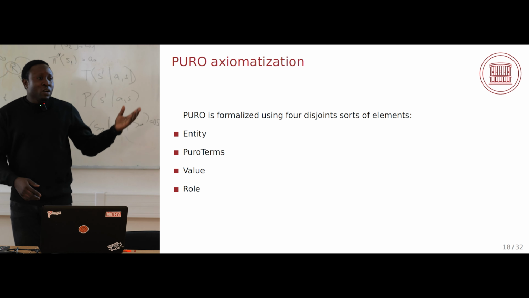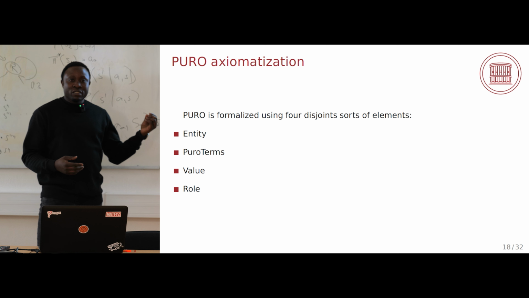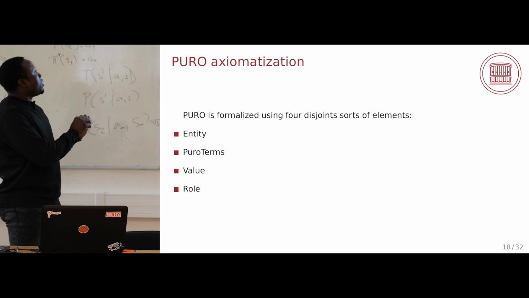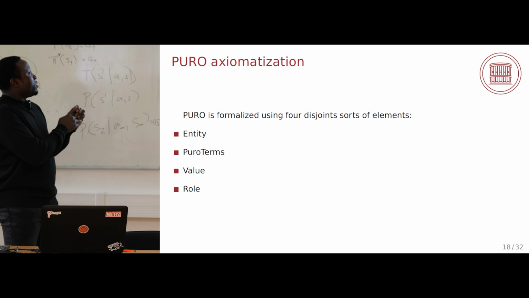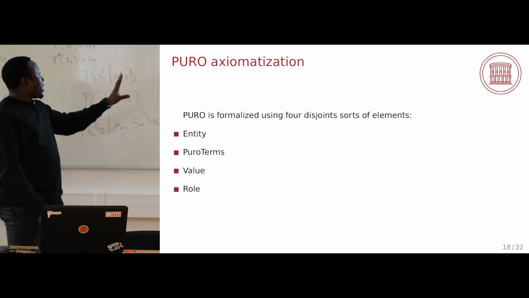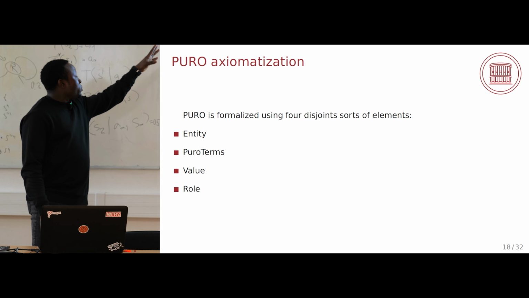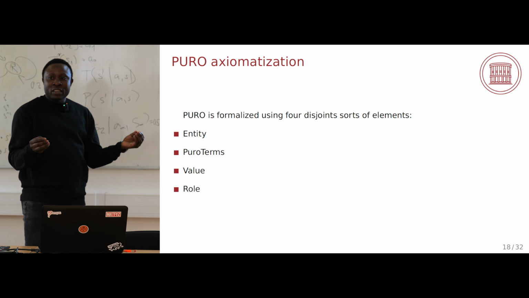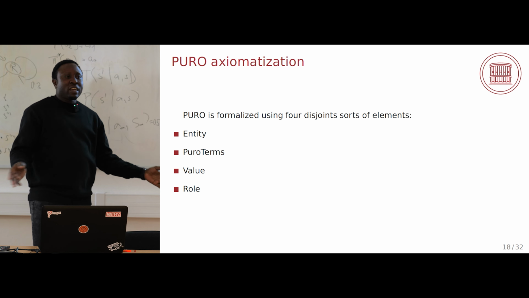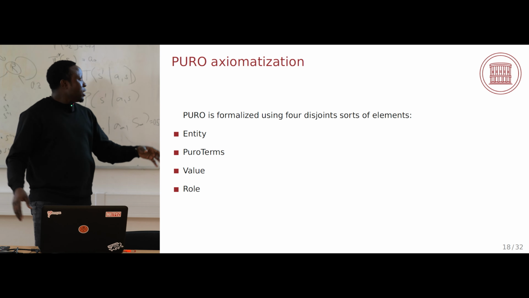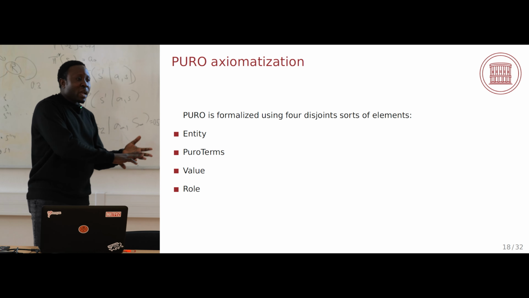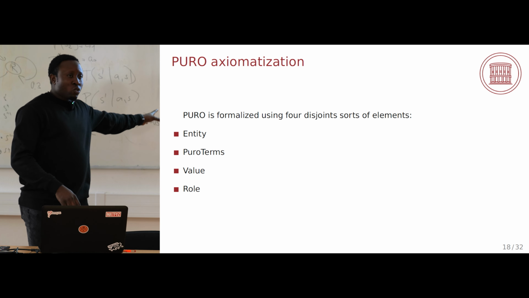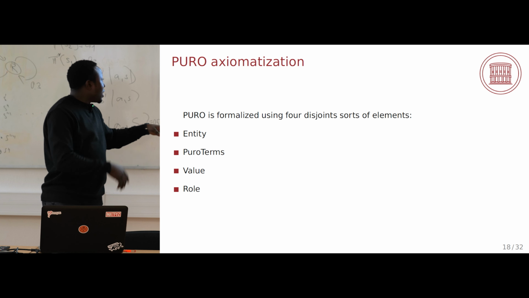So let's look at the logical formalization of these Puro entities. In the formalization of the Puro language, it's more on these 4 different entities: entities, terms, values, and roles. Entities are more like the objects, the relationships, and different things that exist within different domains. And then the Puro terms are the B types, the B object, the B relation, the B valuation, those 6 items I just listed earlier.